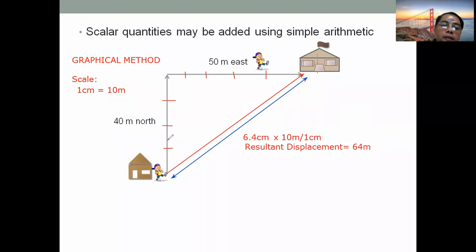You measure this angle with your protractor, and getting your protractor will give you the value there. So using your protractor, you'll get an angle over here which is equal to 51 degrees, roughly.